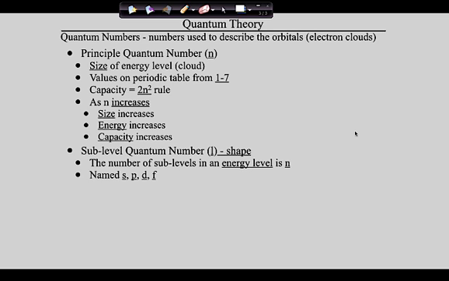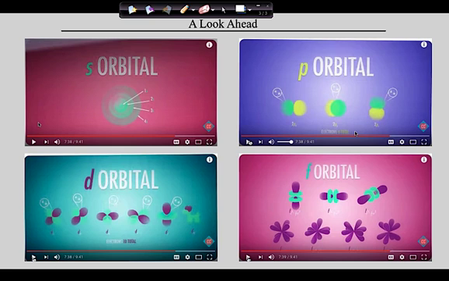Remember this? s, p, d, and f. The four sublevels, guys, are s, p, d, and f. These are the sublevels.